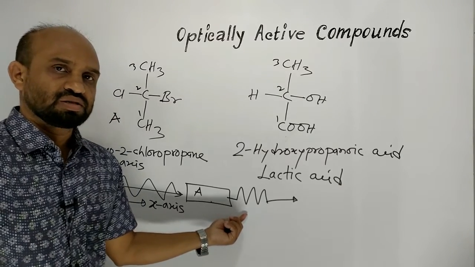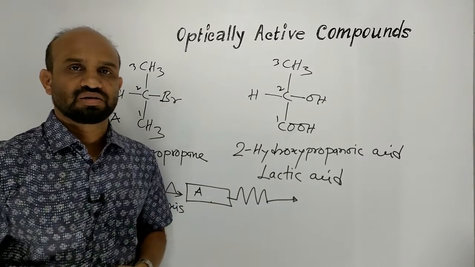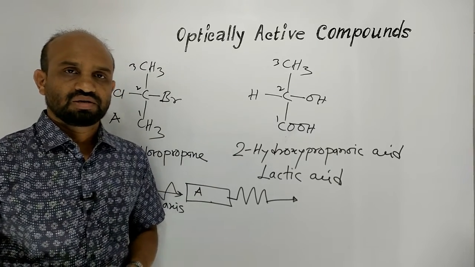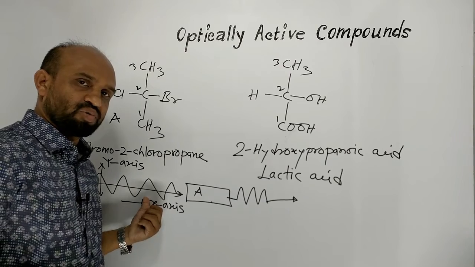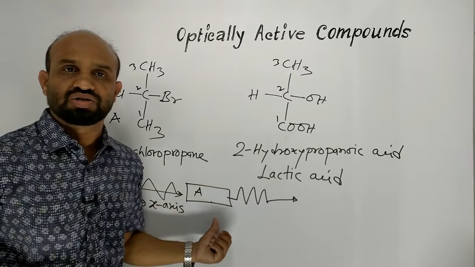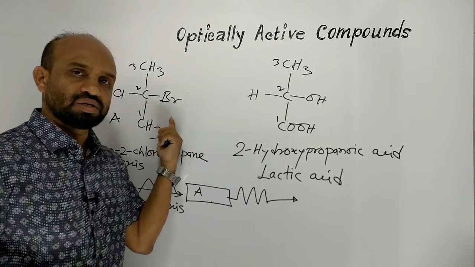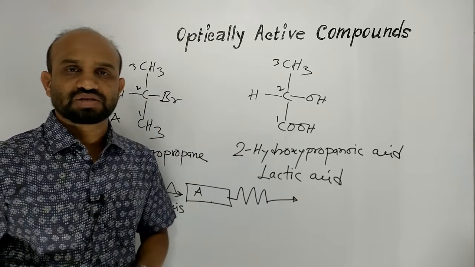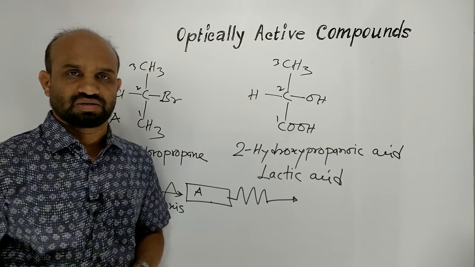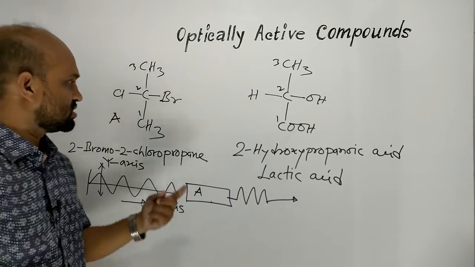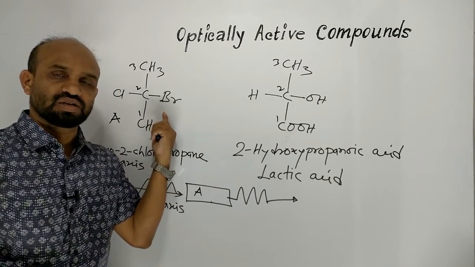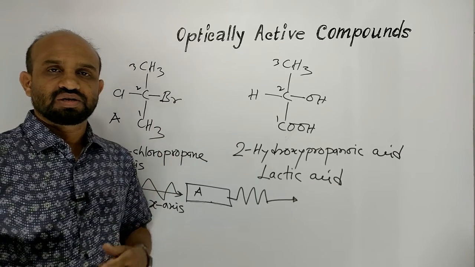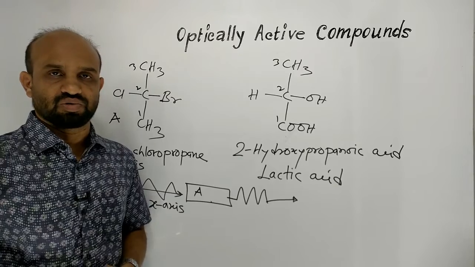That means the plane of the polarized light remains as it was. That means compound A cannot affect the plane of the polarized light. So we can say that compound A, that means 2-bromo-2-chloropropane, is not optically active compound.